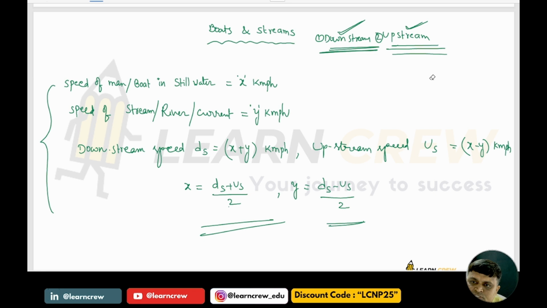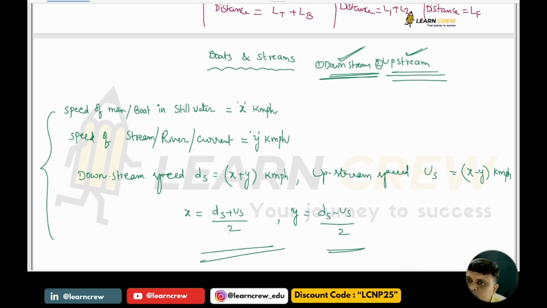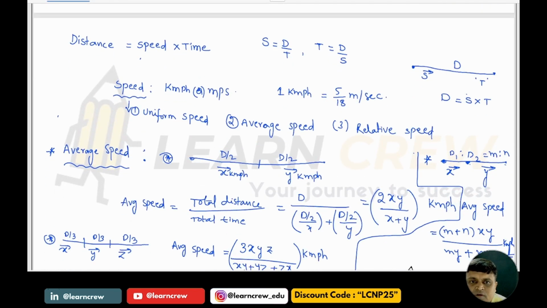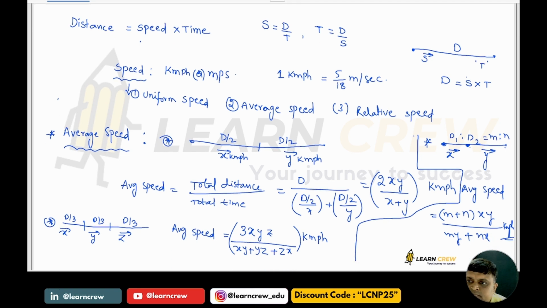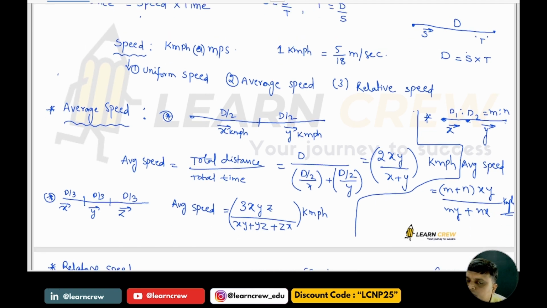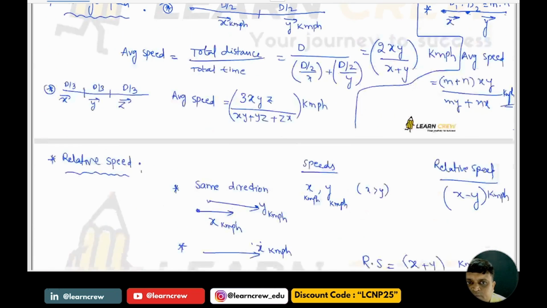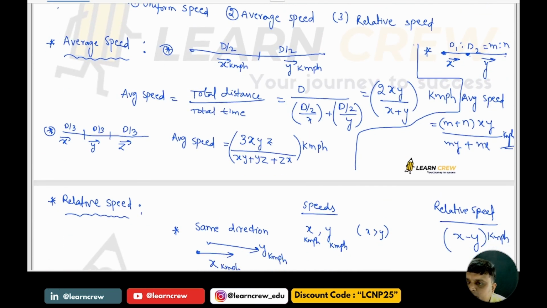So the application of time, speed and distance on boats and streams and trains we have done. Whatever other applications we get, we will solve in our workout on problem solving. So see what we have discussed in the introduction: the relation between time, speed and distance, the units of speed, time and distance, and different kinds of speed: uniform speed, average speed and relative speed.